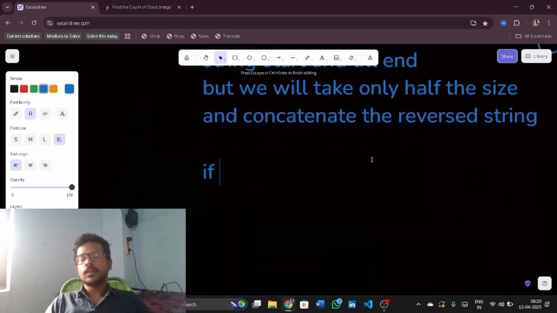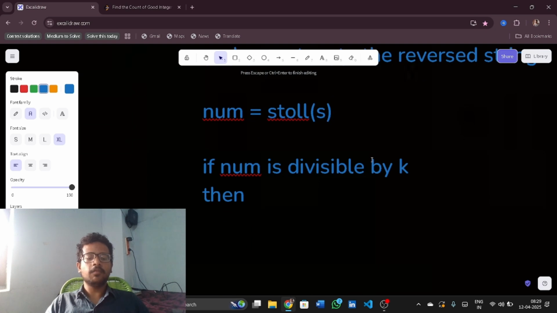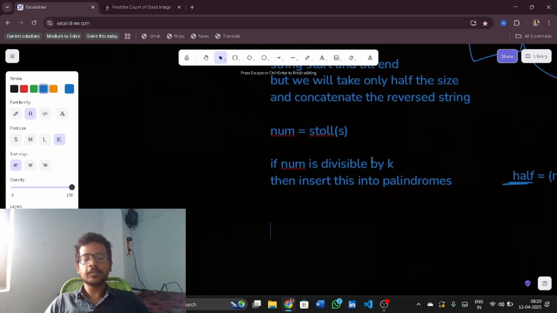The number will be the string converted to long of the current string, and if the number is divisible by k, then we insert it into palindromes. Now I have got all those palindromes.